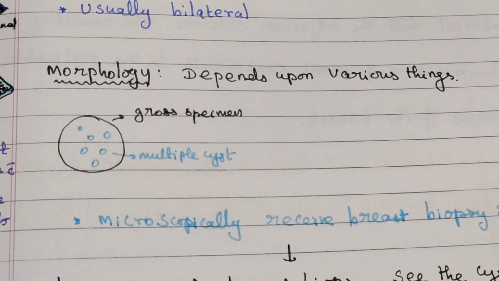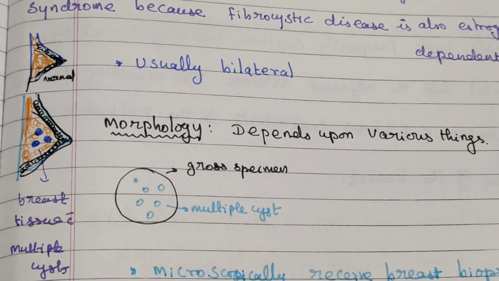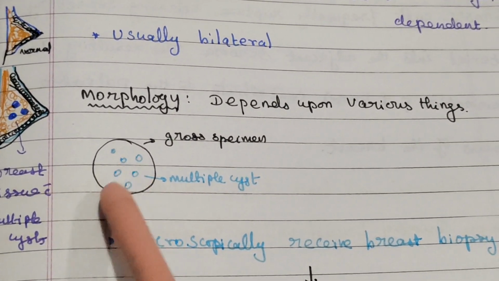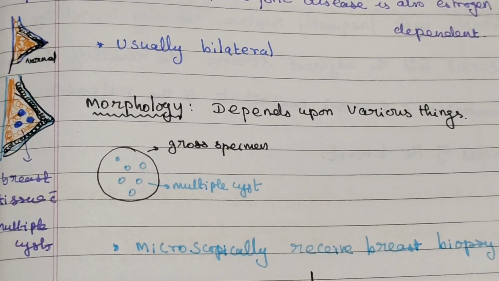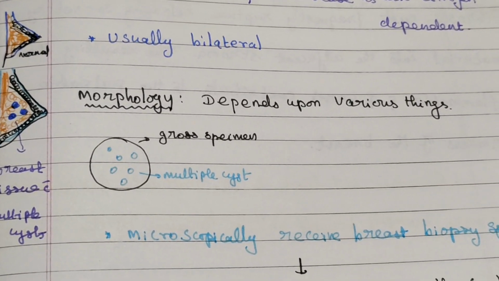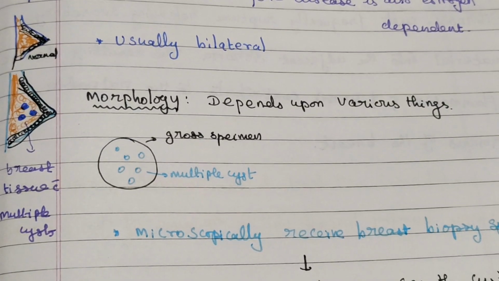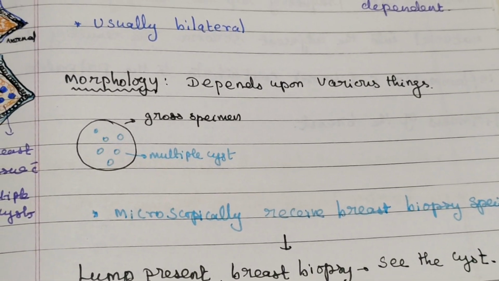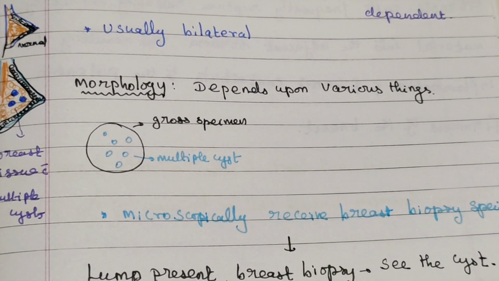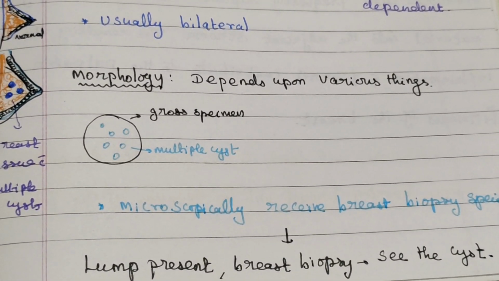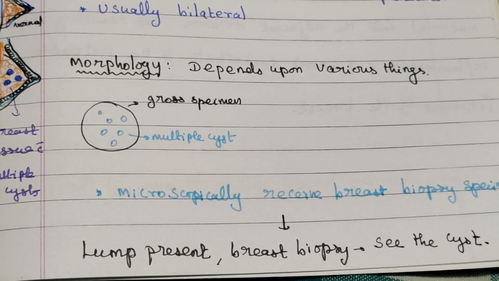If you see the gross specimen, cut open, you can see multiple cysts, but we do not receive mastectomy specimens for fibrocystic disease, because it does not have any malignant potential. As the woman grows older, especially into the post-menopausal age, this condition resolves on its own.